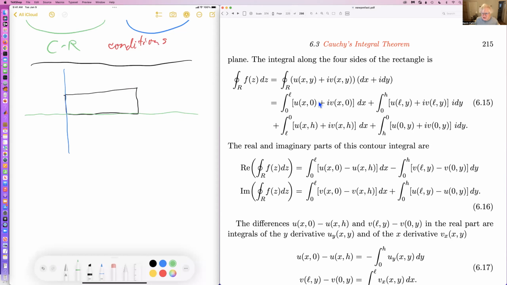So it went a distance L, this was L, and this point here was H.